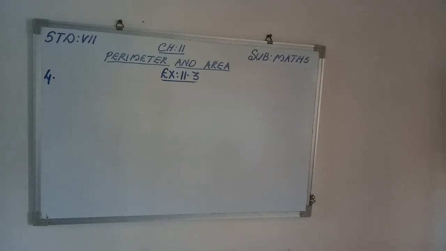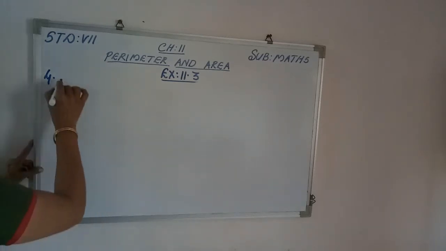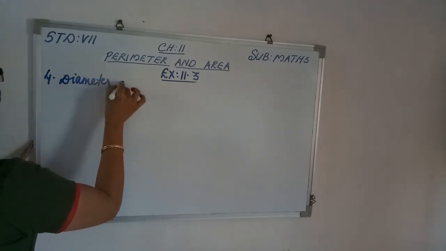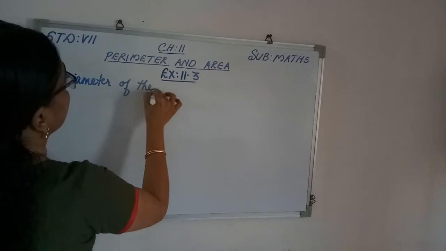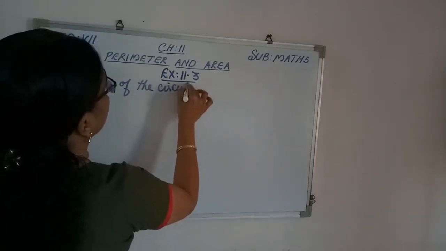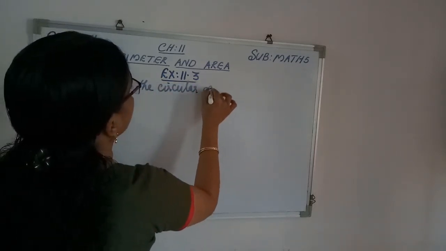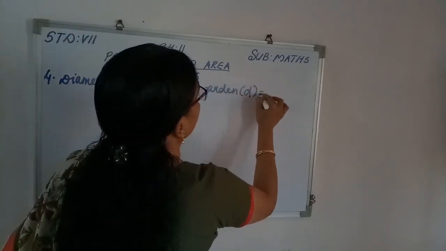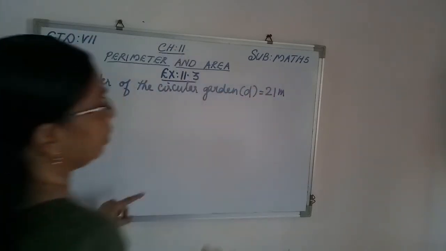See, what is given? Diameter of the circular garden, it is given 21 meter. We can write diameter of the circular garden D is equal to 21 meter.